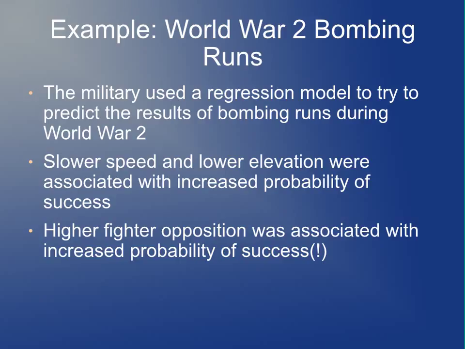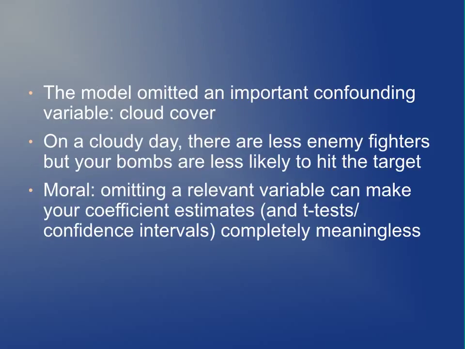But if there were lots of enemy fighters in the air trying to shoot your bomber down, that was associated with higher probability of success, which seems weird. Well, what was going on here is the military had left an important confounding variable out of the model, cloud cover. If it's a cloudy day, then the enemy won't be trying to shoot you down, but you can't see your target, so you have a hard time hitting it.